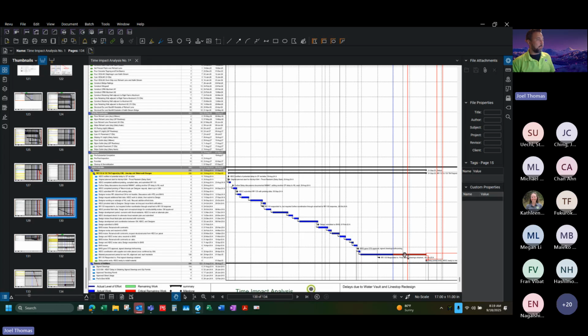So if they sent you something that just had one long bar saying delay, and you had a log like this that you wanted to show every piece of that delay, you could always get them that information and ask that they drop it into either P6 or Projects to be able to show everything that happened within that delay period, just so it's all there for everyone.